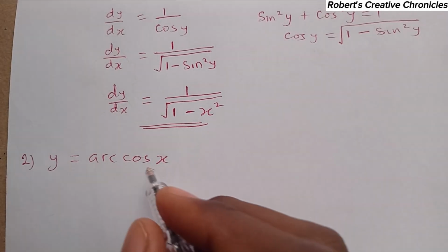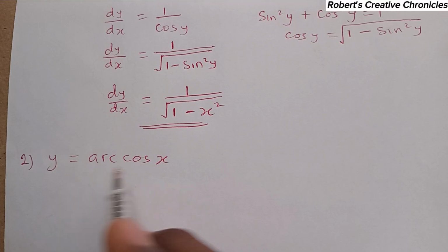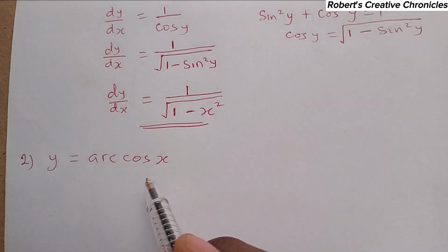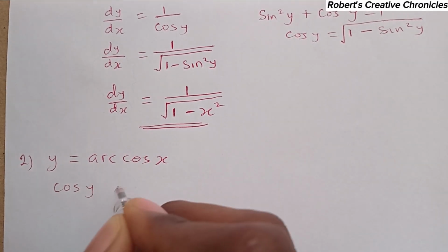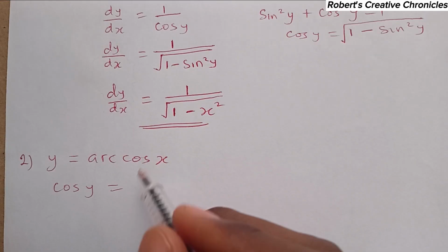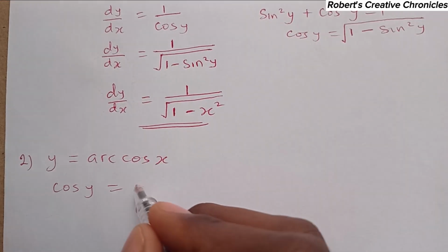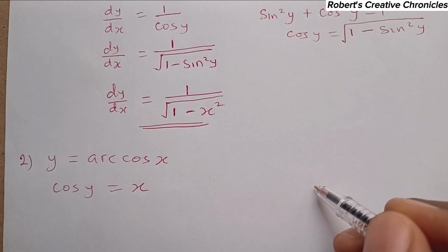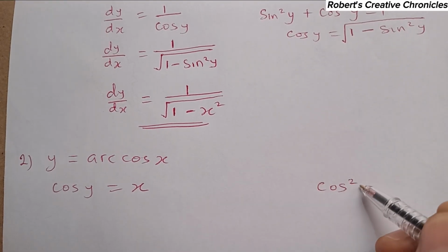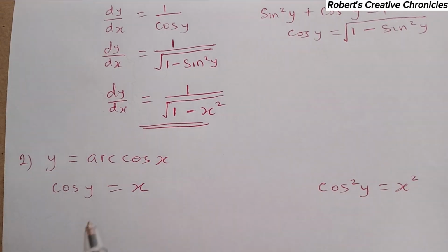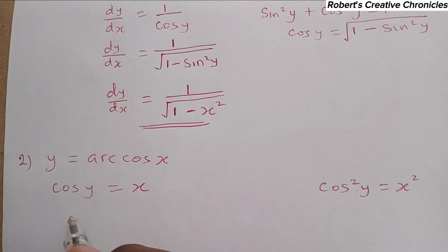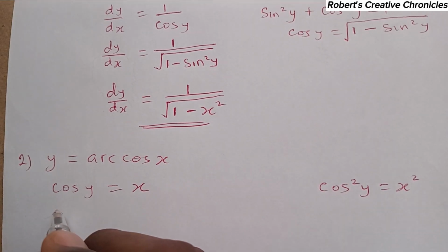So now, in the same way, we'll multiply both sides by cos. So here will become cos y equals cos times arc cos, which is inverse cos, is 1, so it will become x. In the same way, we'll find the square of both sides because we'll need it in future. So now we'll find the derivative implicitly. This becomes cos y.